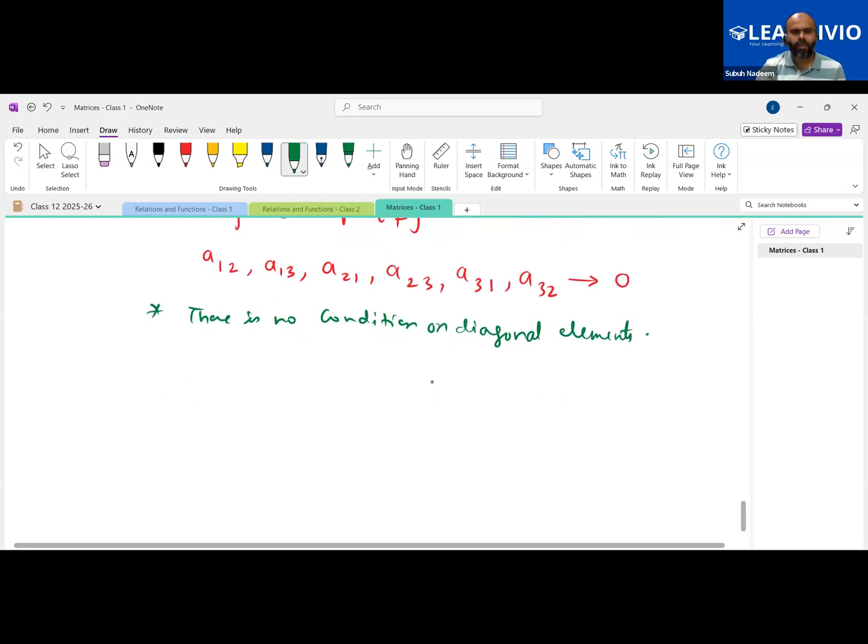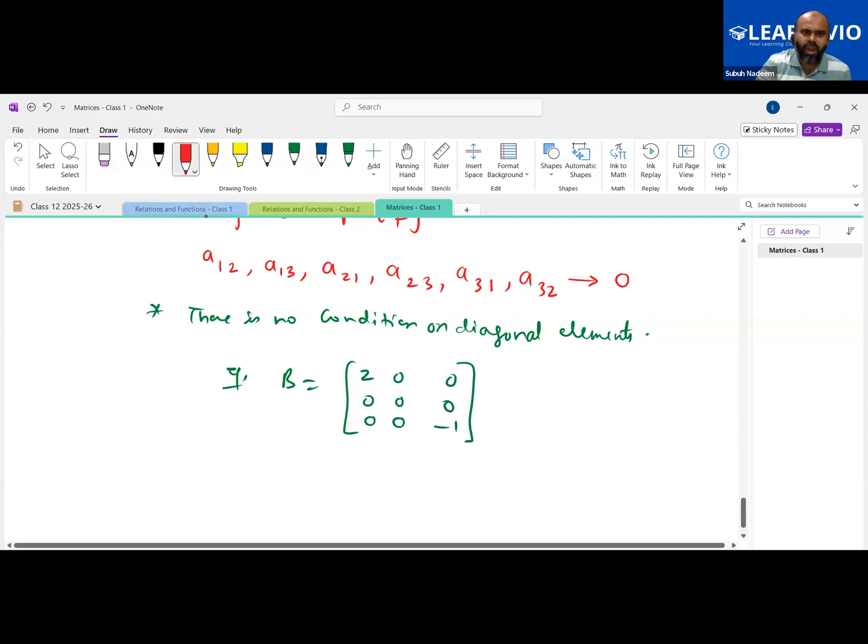For example, we can take a matrix B like this: 2 0 0, 0 0 3, 0 0 0 minus 1. So this is also a diagonal matrix because its non-diagonal elements, these are non-diagonal elements, are all 0.